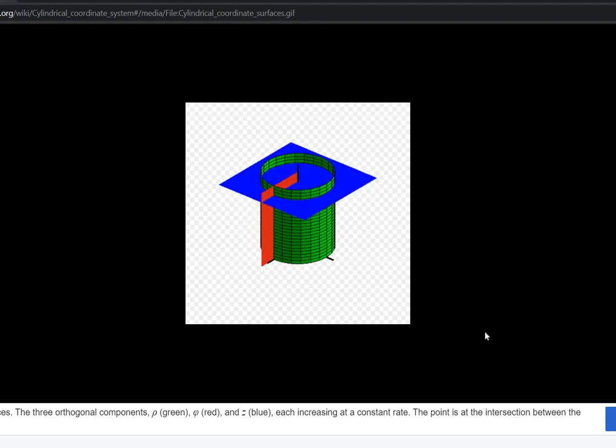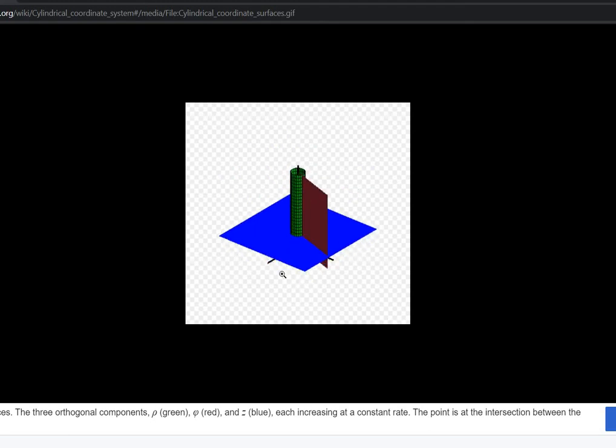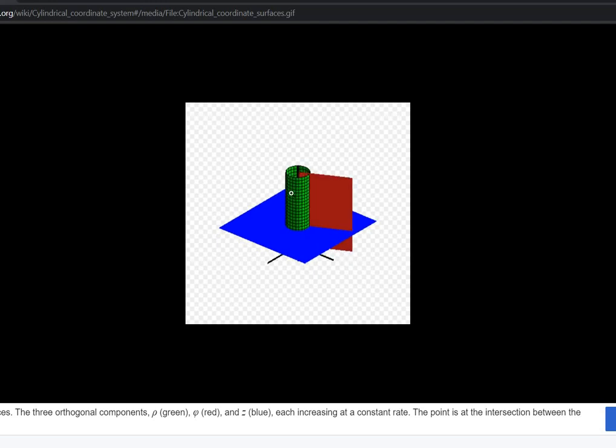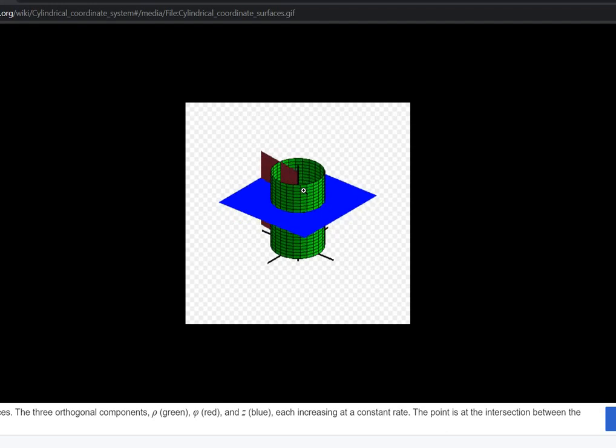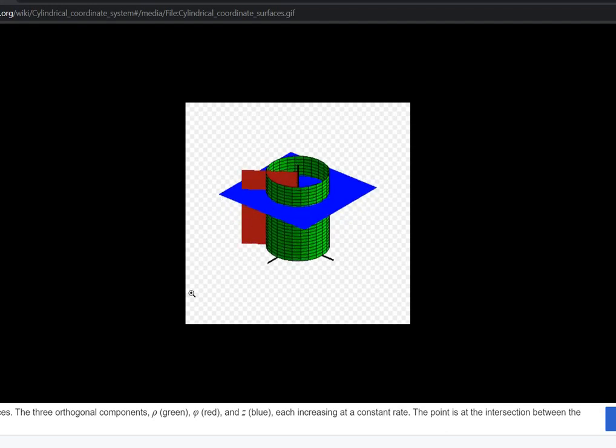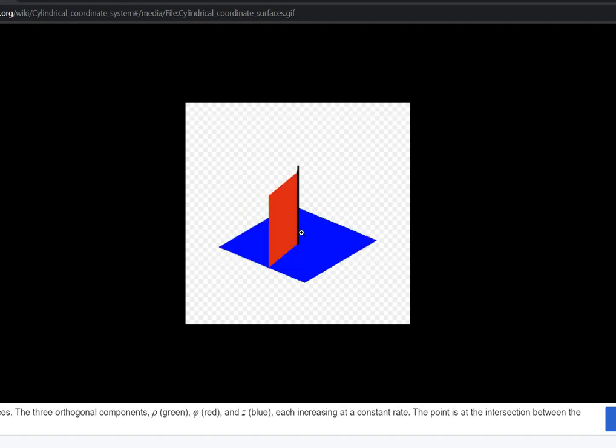Z is increasing from minus infinity to plus infinity. And this radius moves from 0, increasing to a higher value, that is infinity, right? So what will be the values?